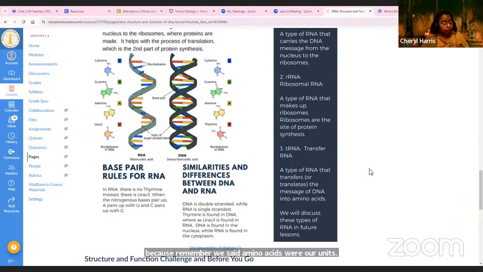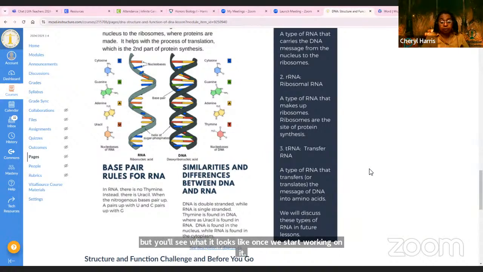So the transfer RNA goes and finds all of the little amino acids, brings them together so that they can be hooked together in the sequence that the messenger RNA and ribosomal RNA tell it to do. That may sound a little complicated, but you'll see what it looks like once we start working on it in the lab activity that you're going to do tomorrow.